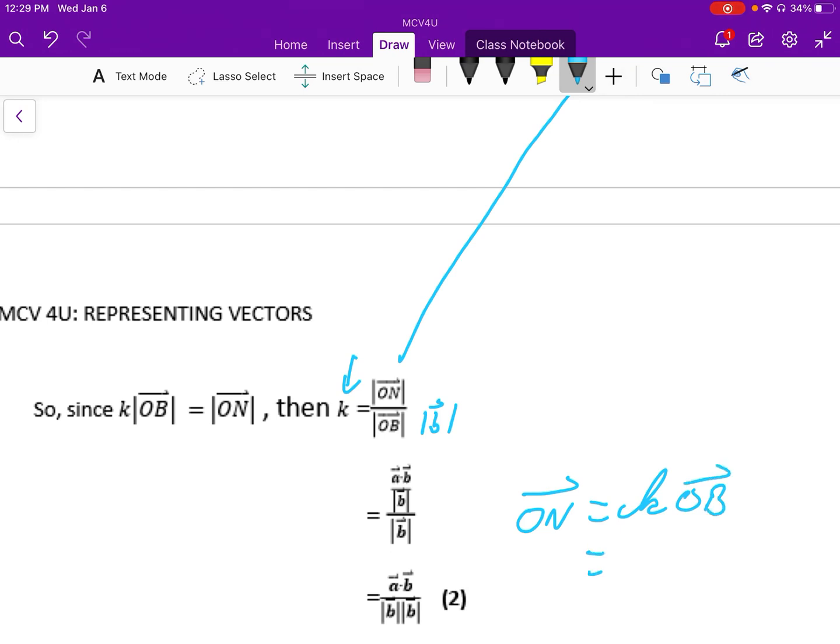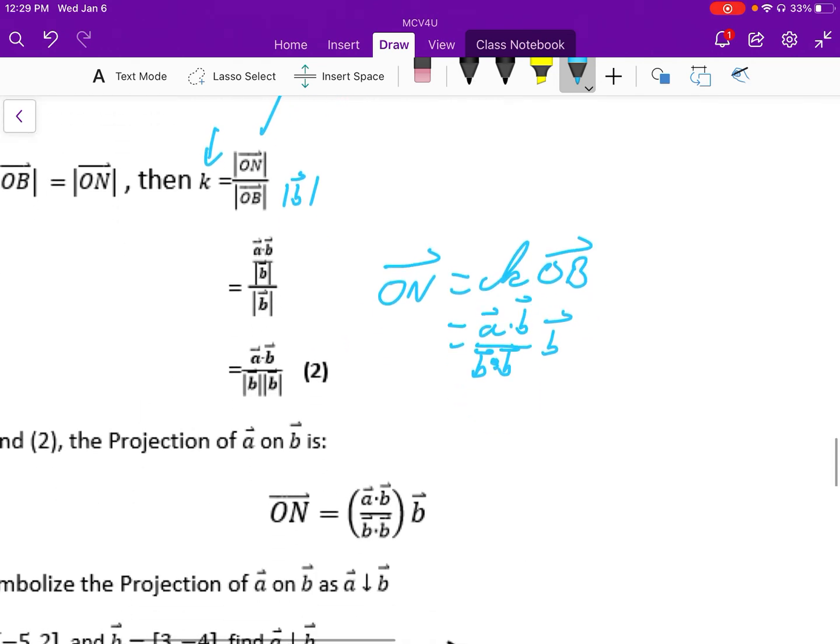We now know that the scalar quantity, the K value, is A dot B divided by B dot B, and OB is the vector B. That's where you end up: this is the vector projection of A onto B. We can symbolize that with a down arrow, which shows it's the projection of A onto B.